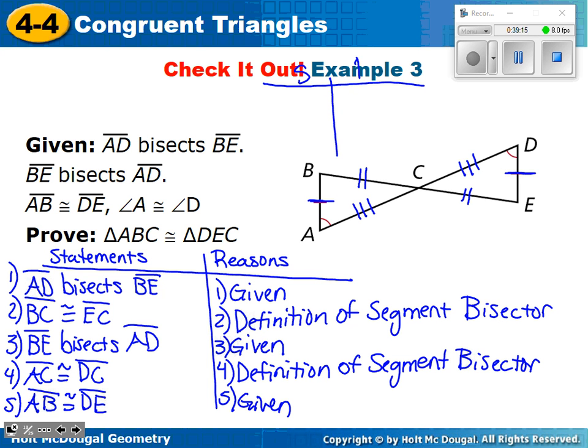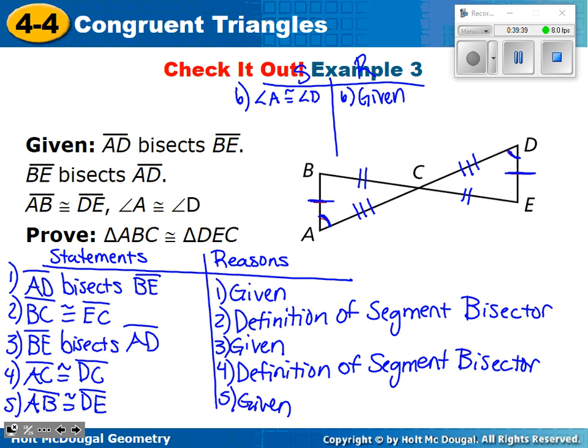Again, don't do S and R. Number 6 would be angle A is congruent to angle D, given. And make sure it's marked in your picture, which it is. And again, you could have listed both of those at the same time since there's not really a statement we're trying to come up with what's congruent next. Does that make sense? Okay.